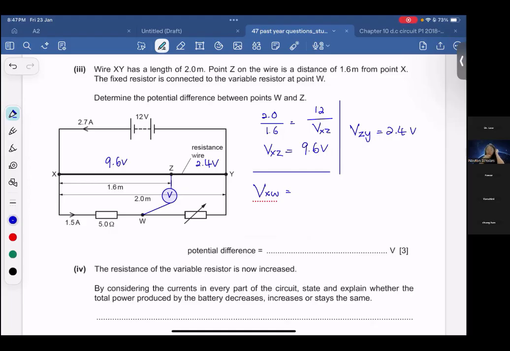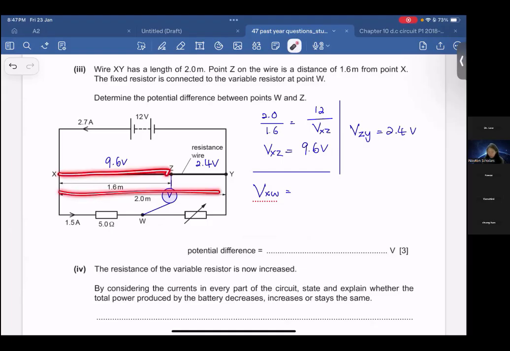No, I didn't use current to get the voltage at point Z. I use the ratio. Total is 2.0 meter, it will get the 12 volt. Then 1.6, how many volt can I get? 9.6. Okay, then for XW here, I will use I times R.